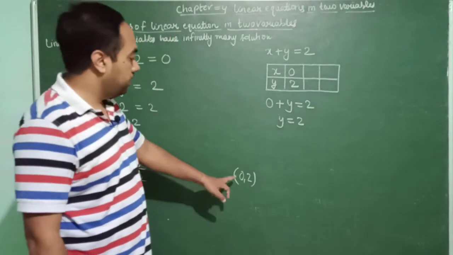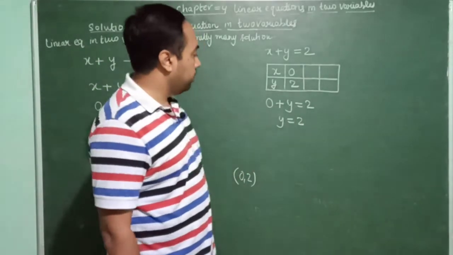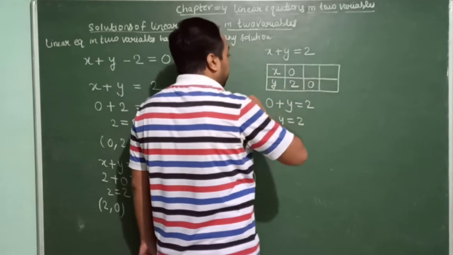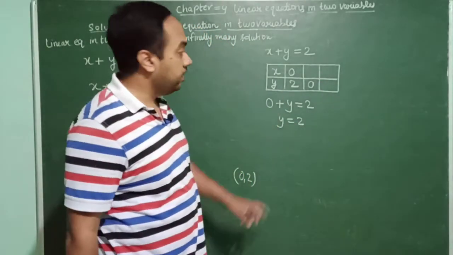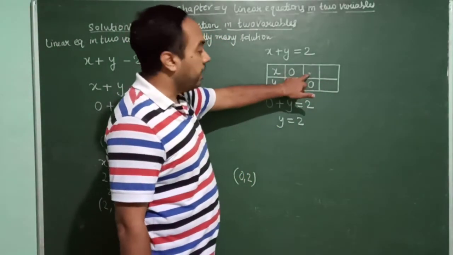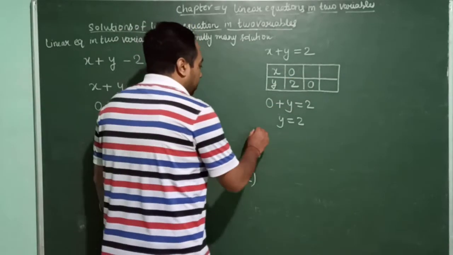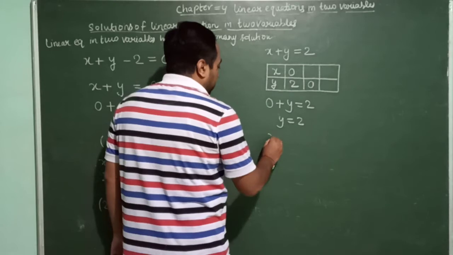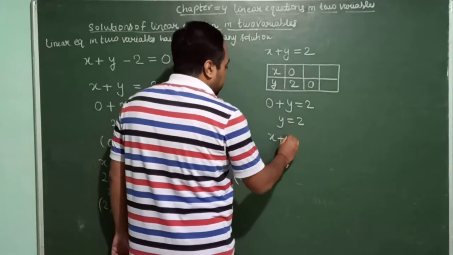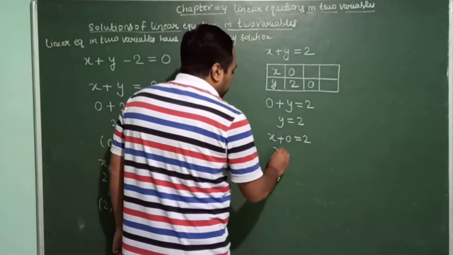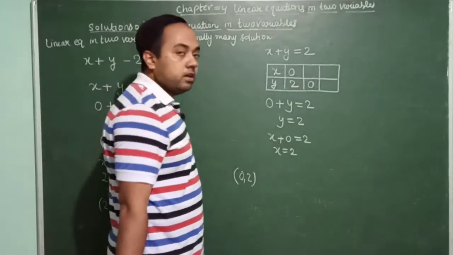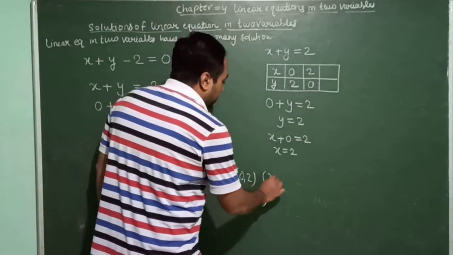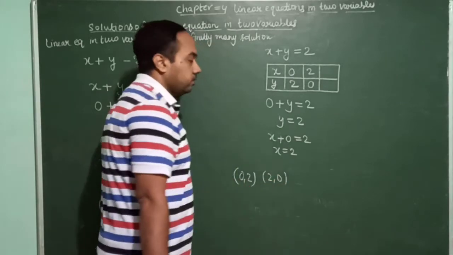Now next time I'm going to replace y by 0 and this time I will calculate the value of x. So now I am replacing y by 0. So see, x plus 0 is x. So this time the value of x will be 2. So the other solution will be (2, 0).